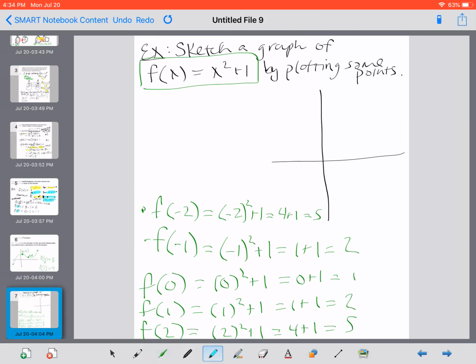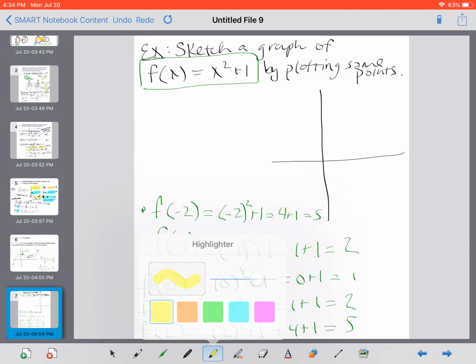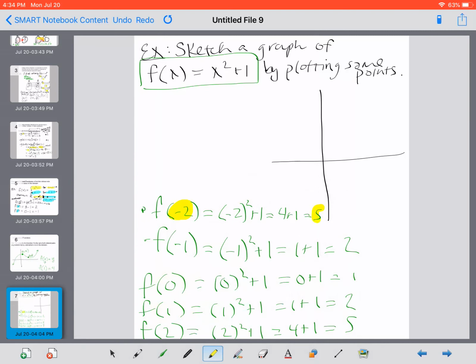All right, now remember, our inputs, comma, outputs are going to be points that are going to be on our graph. So negative 2, comma 5 is going to be a point, an ordered pair on our graph. Similarly, negative 1, comma 2 is going to be on our graph. 0, comma 1, 1, comma 2, and 2, comma 5. Right?